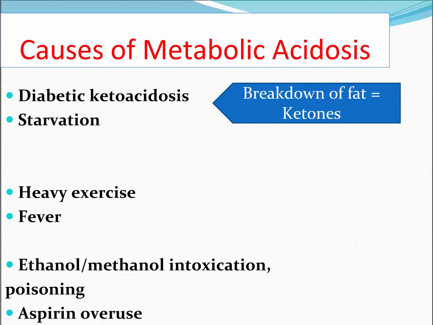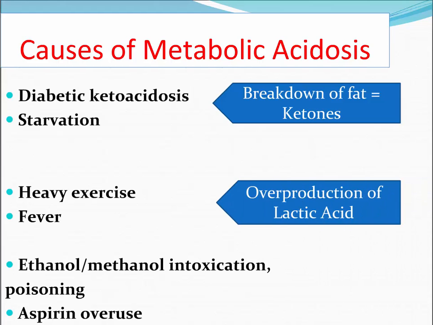Heavy exercise and fever could also result in metabolic acidosis simply from the overproduction of lactic acid. And if you recall, lactic acid is what is produced during anaerobic metabolism.